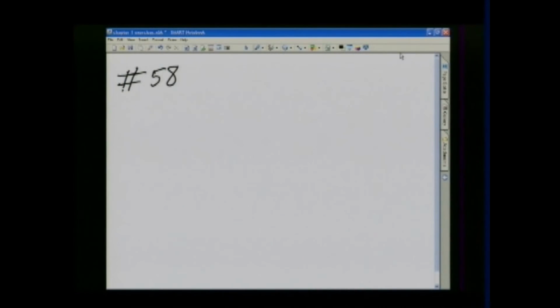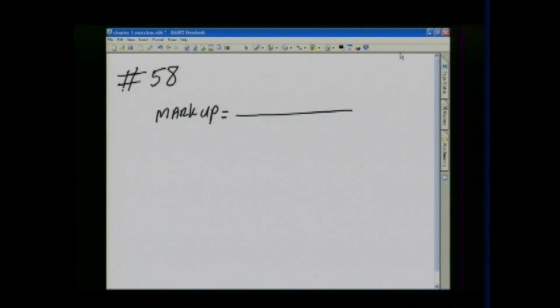Okay, so first we have to define the markup. Number 58. Markup in this example is, what do we call it?